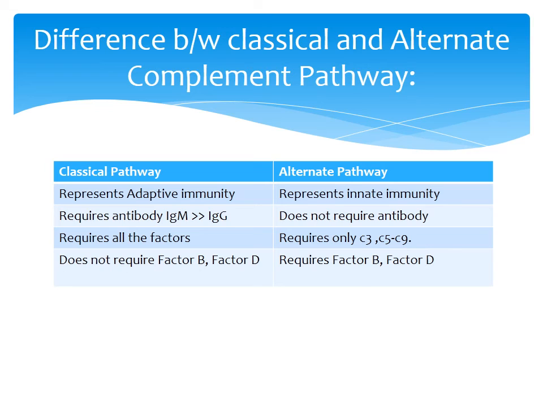C1 does not require any antibody. The C3 is activated by chemical hydrolysis. Classical requires all the factors: factor C3, then factor C5 to C9. It does not require factor B, factor D, whereas the alternative pathway requires factor B and factor D. So this is the difference between the classical pathway and the alternative complement pathway.